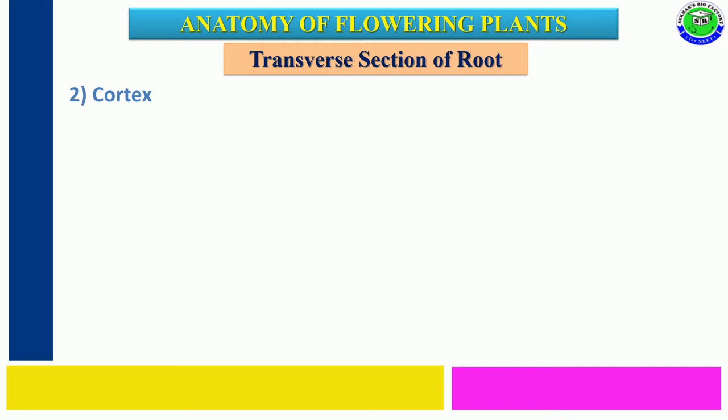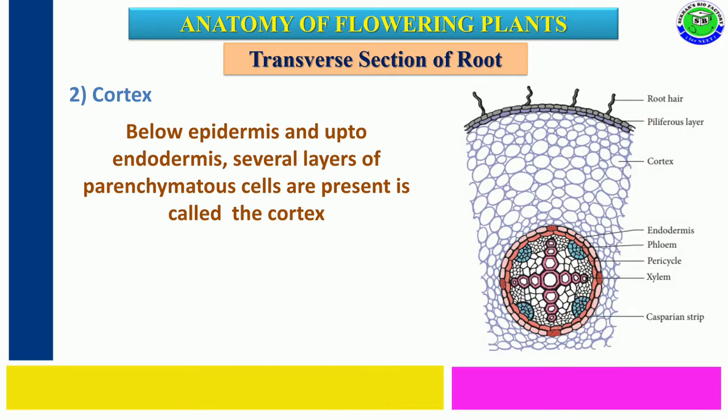The second part in the transverse section is the cortex. Just below the epidermis, there are several layers of cortex, and the last layer is the endodermis. The cortex is present in between the epidermis and stele, with many layers of parenchymatous cells.